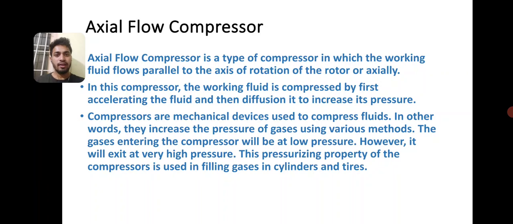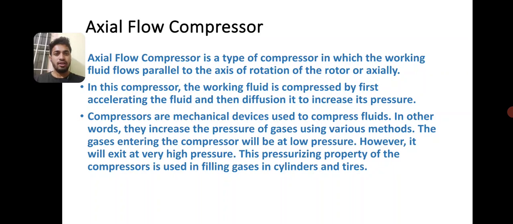Axial flow compressors are mostly used in gas turbines. Most airplane engines and gas turbines use axial flow compressors because they have fewer stages and are easily mounted in the engine. The efficiency of an axial flow compressor is less than that of a centrifugal compressor, but it still gives good efficiency.